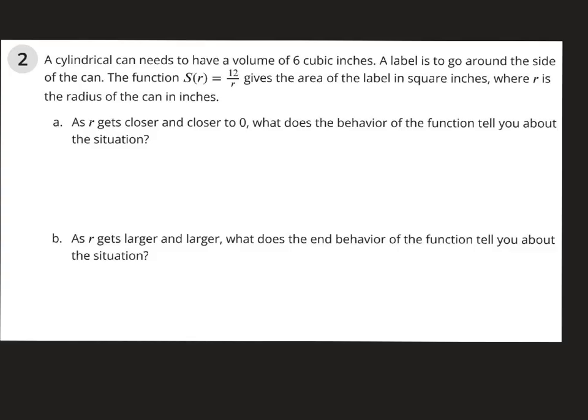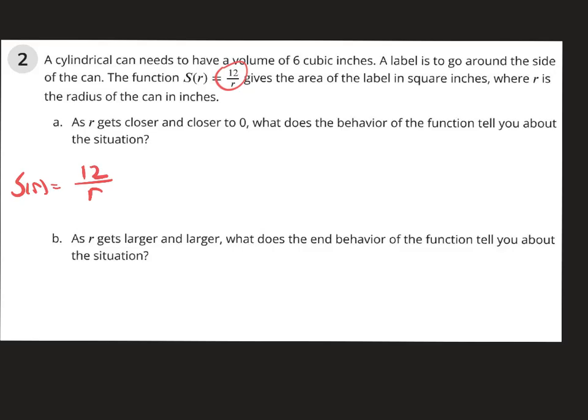Okay, so just by looking at the right side, 12 over R. As R gets closer to 0, what is the end behavior? So imagine the number R is 2, then S of R equals 6. If R is 1, S of R equals 12.